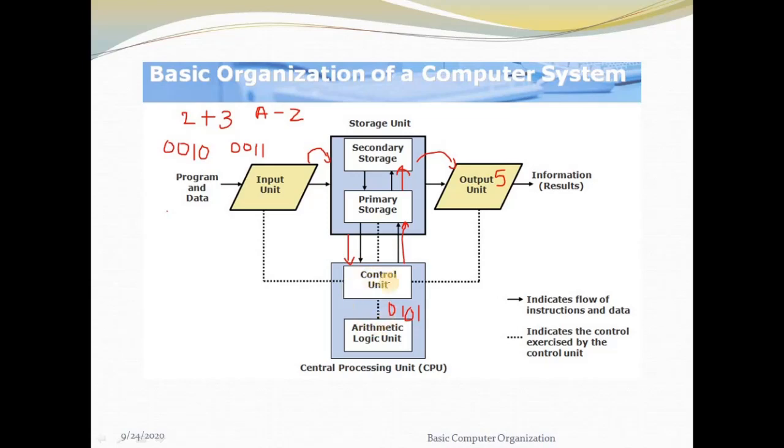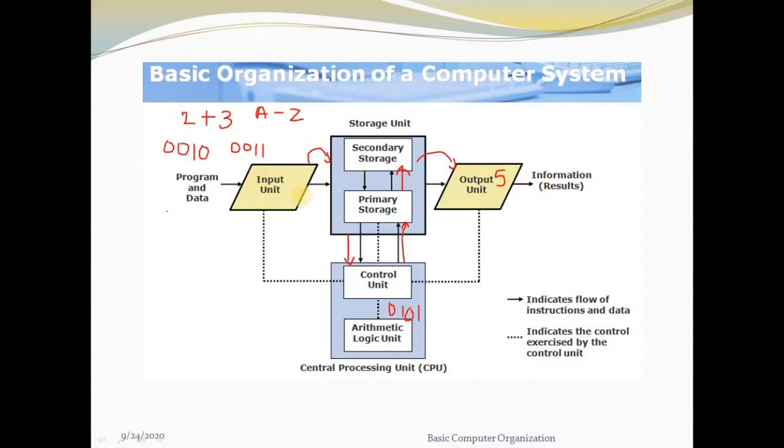The processor takes care of all the addition and subtraction, whatever task we are performing, and once that is done, the result is passed through the storage device to the output unit. Now the output unit comes into the picture and converts this binary information into human understandable language, and with the help of output devices like printers, monitors, or others, it gives the result.